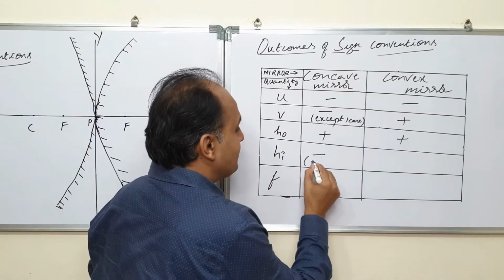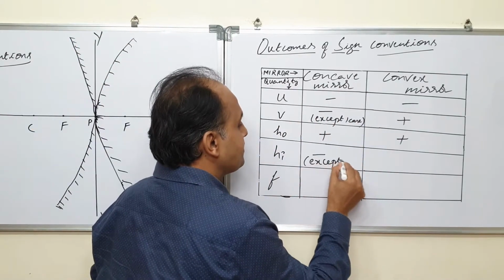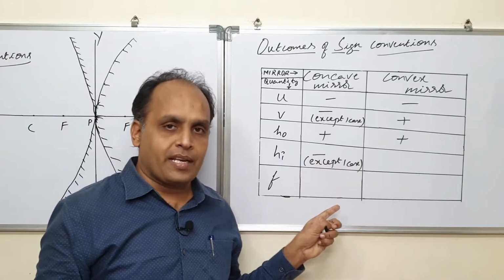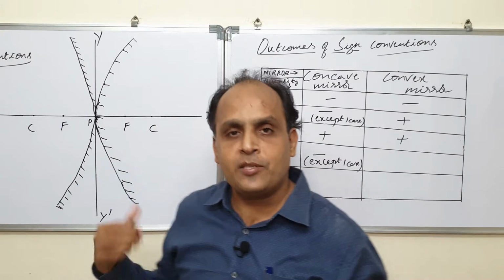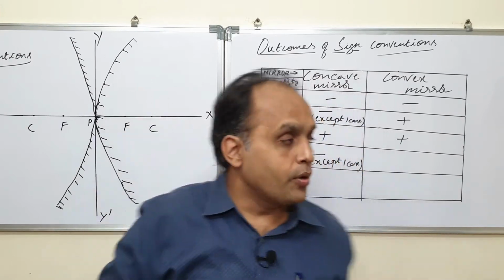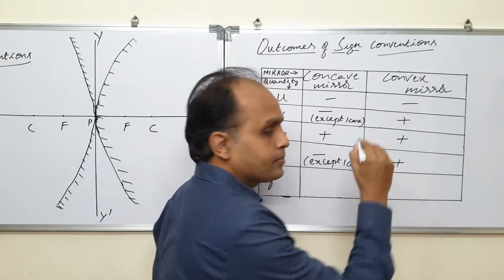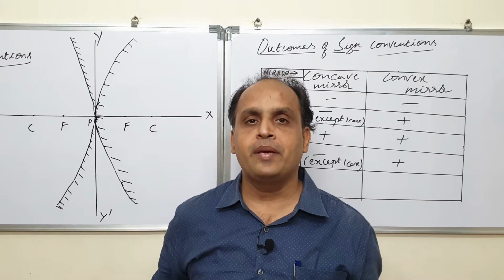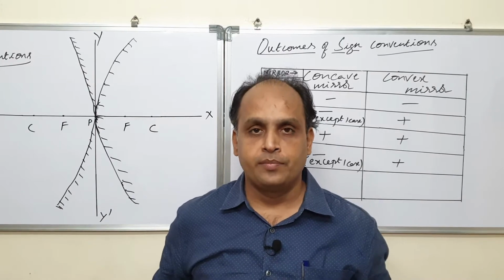So I will write here negative except one case. Now coming to the convex mirror. Convex mirror always forms the image above. So it is positive. So for the convex mirror, height of image is always positive.